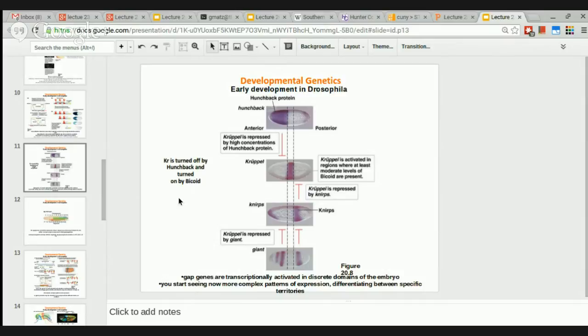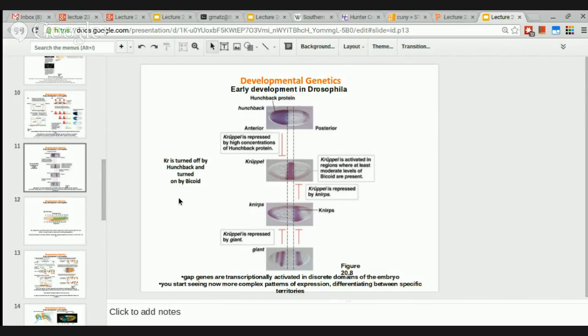So I told you where Hunchback is and why it's highly expressed in the pole. You have no Kruppel there because of Hunchback. But there's a zone in the embryo where Hunchback is still fairly low, so there's possible expression, and Bicoid is high enough, let's say somewhere around here, where Hunchback has reduced amounts. And there's enough Bicoid to induce transcription of Kruppel.